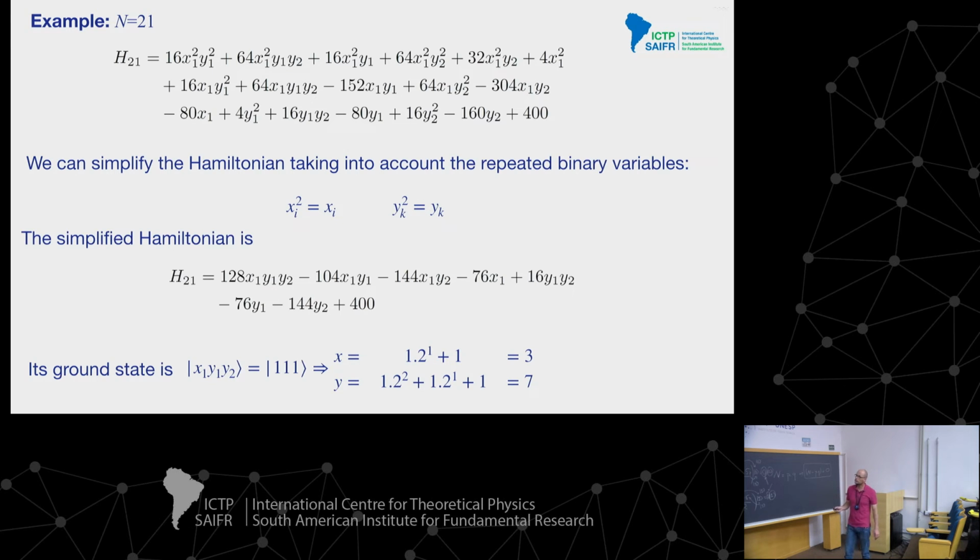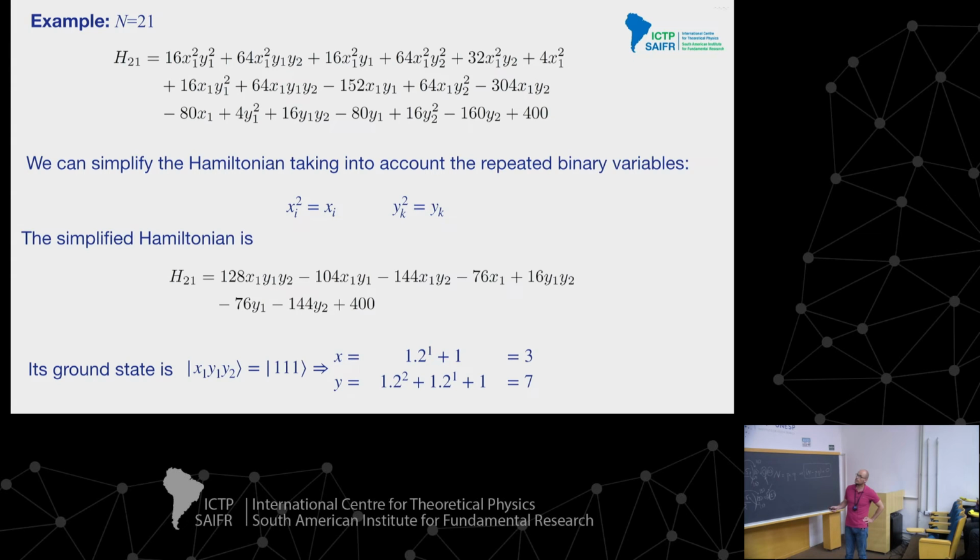And at the end, you can just try here by looking at this expression and see that if you choose xy equals 1 here, and y1 and y2 equals 1, you will substitute these values in this expression, and we will find that this equals 0.